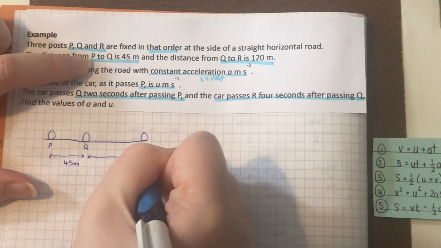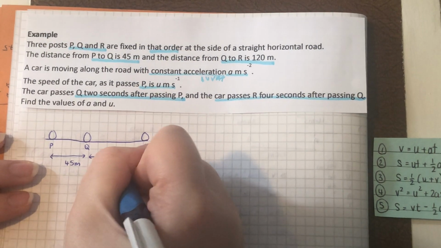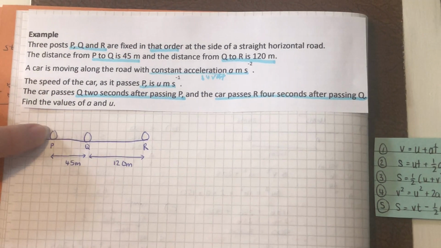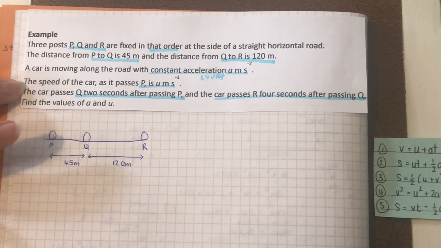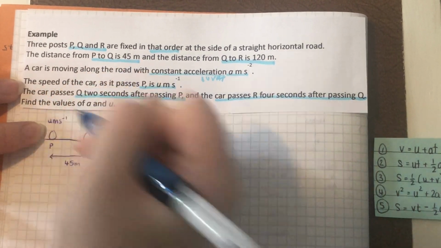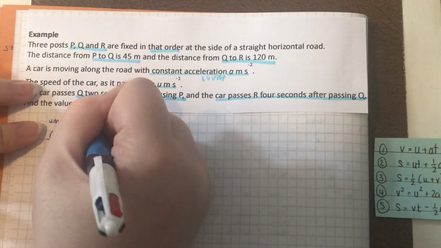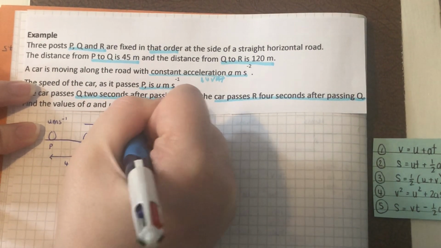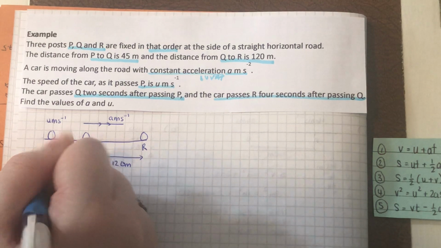Between Q and R, the distance is 120 meters. We know that the velocity at P is just U, and we know the acceleration the whole way is just A. So I'm going to start with the PQ one.